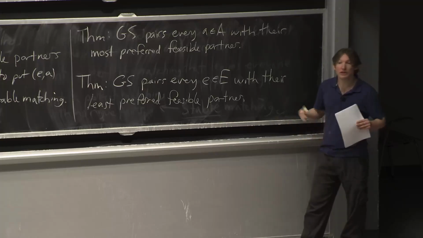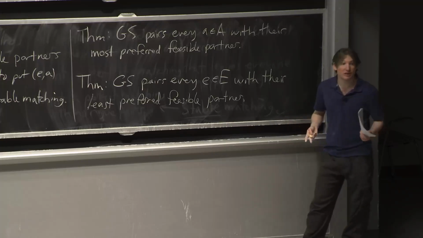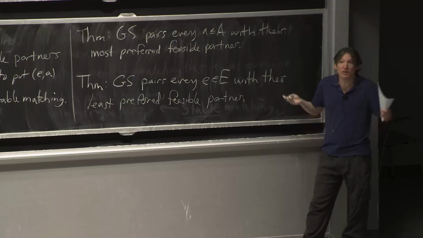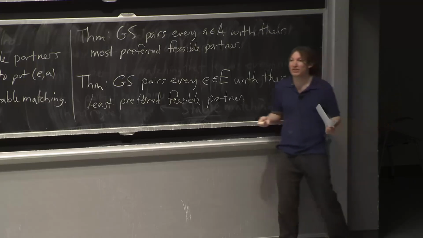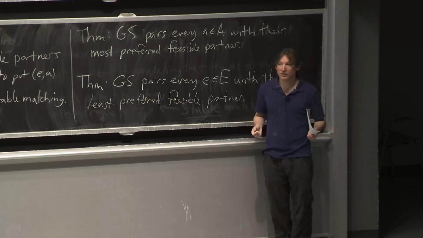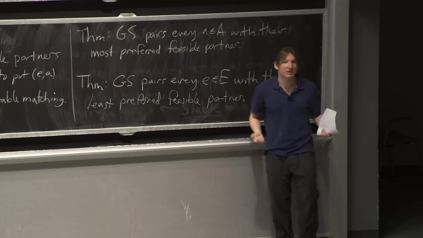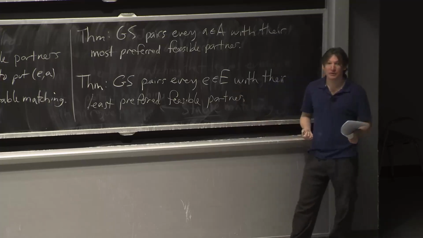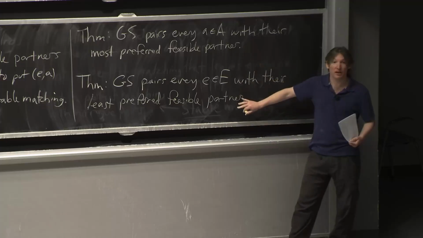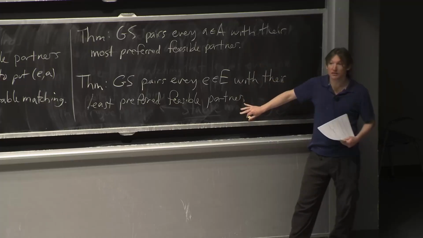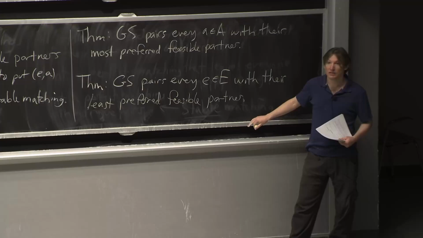And that's why usually you're going to get two different matchings out of it, because if there are multiple stable matchings at all for this set of preferences, the worst and the best are going to be different from each other. Do these ideas make sense? We haven't proven them yet, but do the ideas make sense?